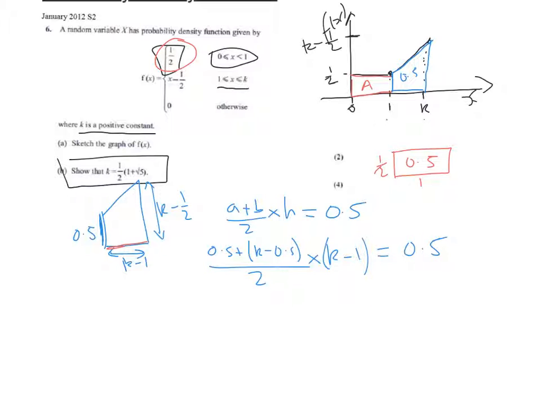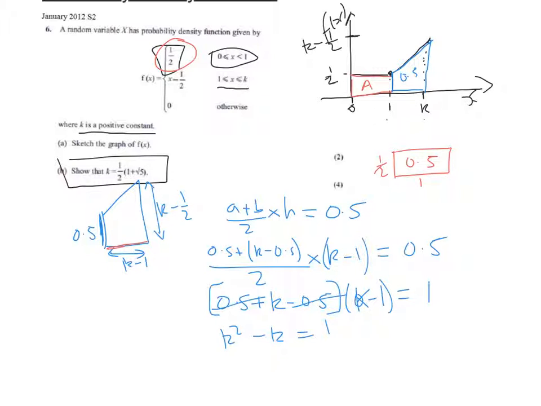I'm going to multiply through by 2, so I will get 0.5 plus k minus 0.5, times k minus 1, equals 2 times 0.5, which is 1. Can cancel these two terms, and expand the bracket, so we'll get k squared minus k equals 1.